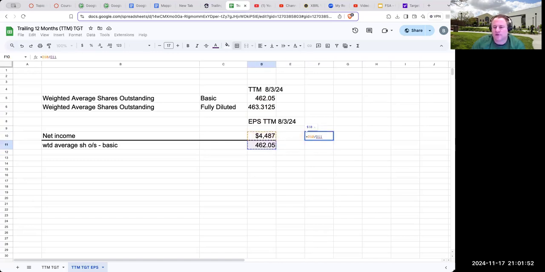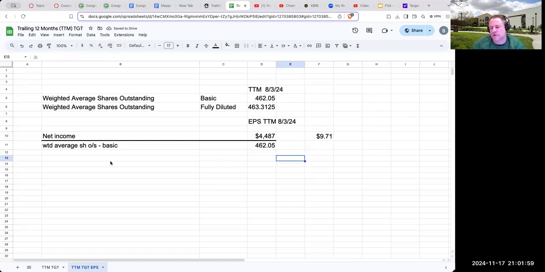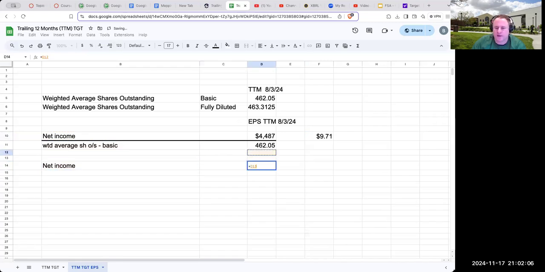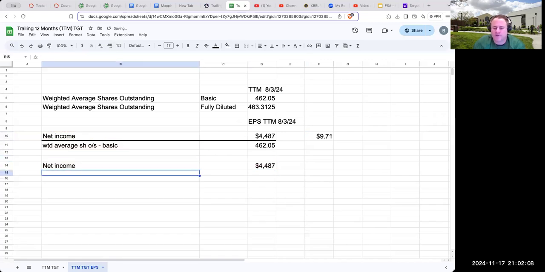So I'm getting an earnings per share for the trailing 12 months of roughly $9.71. When I do this on a fully diluted basis, I'm taking my net income and I'm going to divide this by my weighted average shares outstanding diluted.